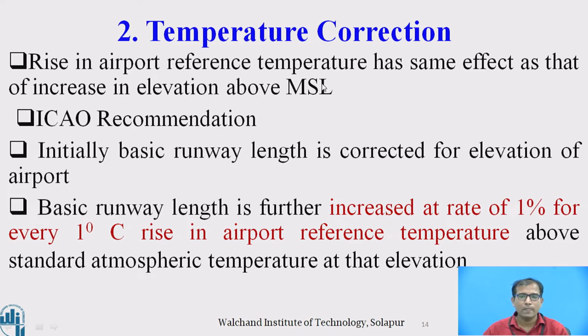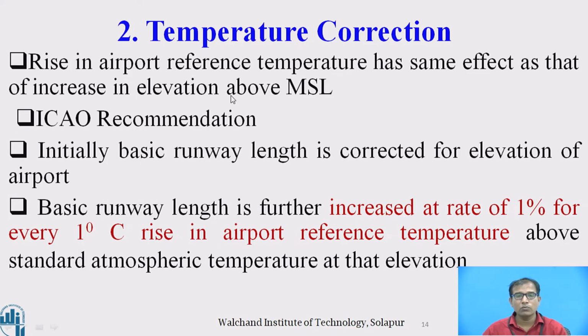The reduction will be approximately minus 6.5 degrees for every 1000 meter rise in elevation. The temperature drops as you go higher and higher: minus 6.5 degrees centigrade per 1000 meters of elevation. That also reduces the air density, and that will have an effect on the liftoff of the aircraft on its wings.